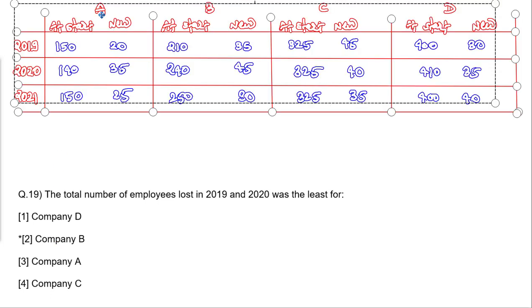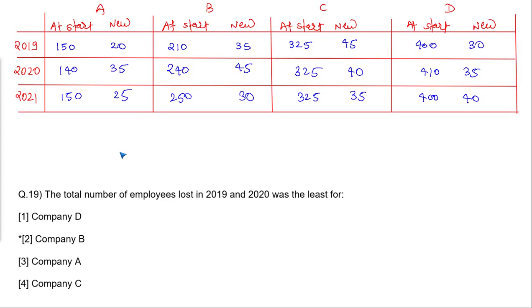So in question number 19, look at the total number of employees lost. I think instead of lost it is left. Total number of employees left in the year 2019 and 2020. So look at 2019 and 2020.